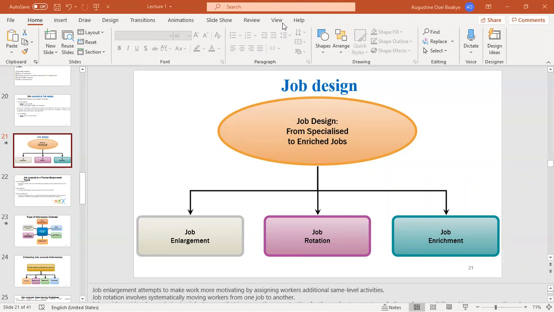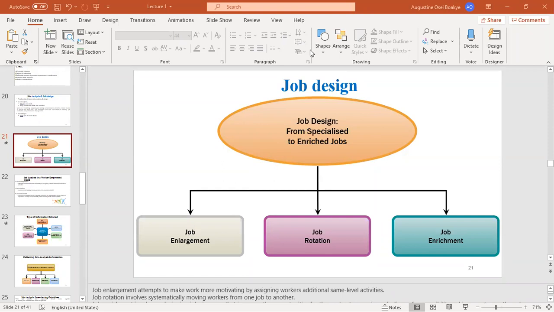Now, at the back of your mind, I expect you to note that job design is a deliberate action that the HR manager embarks on. In other words, it is a calculated attempt to achieve a particular purpose. If the thinking does not go into it, then at the end of the day, it will not achieve the desired results.